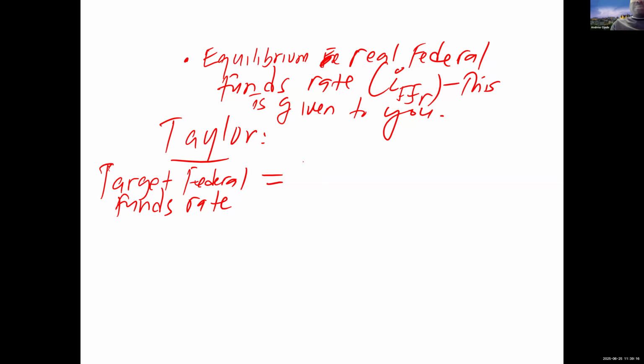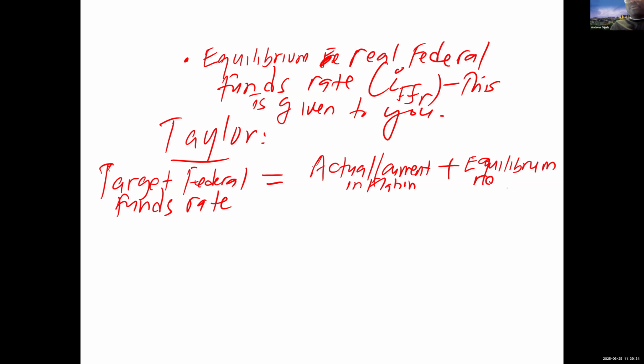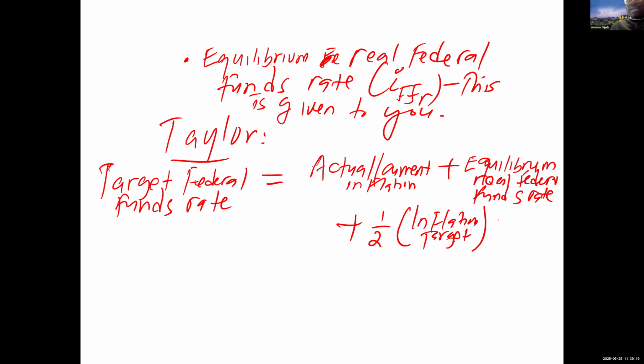So this is going to equal actual inflation, or you can call it current inflation, plus you're going to add to it the equilibrium real federal funds rate. And then we're going to add 1/2 times the inflation gap. Then we're going to add 1/2 multiplied by the output gap.